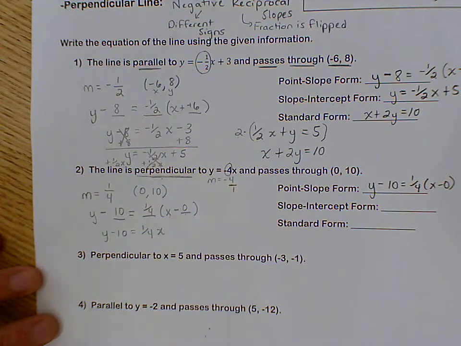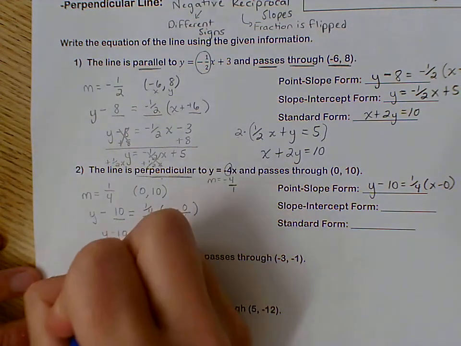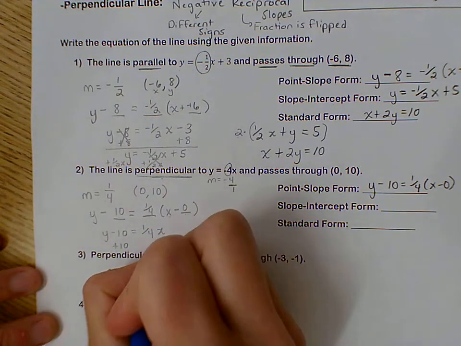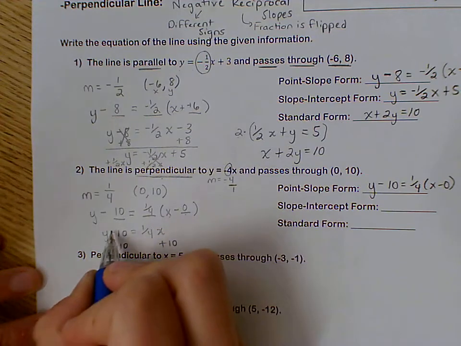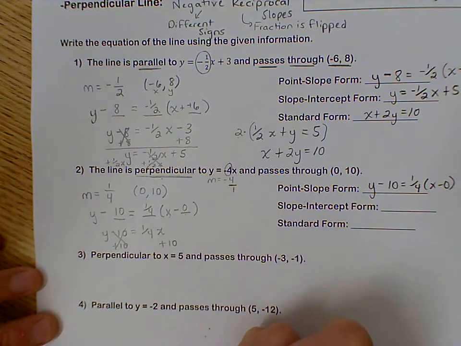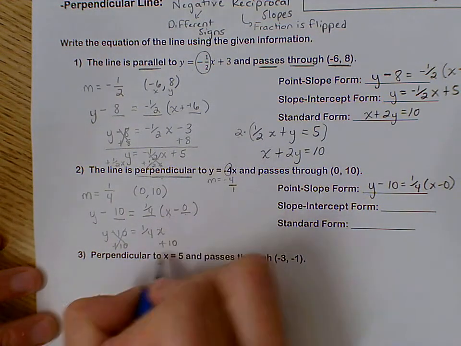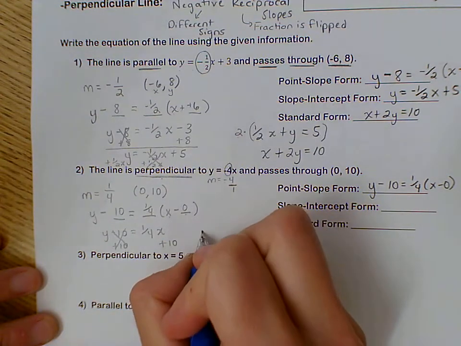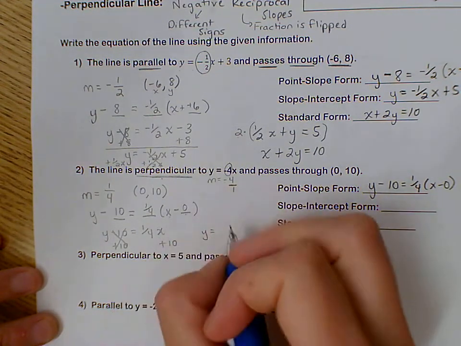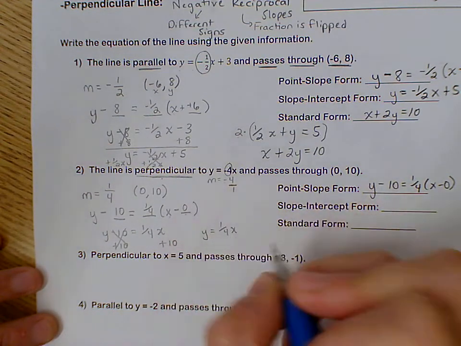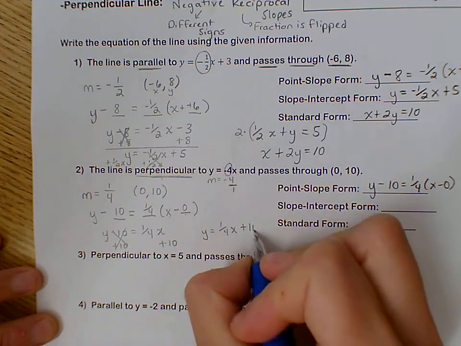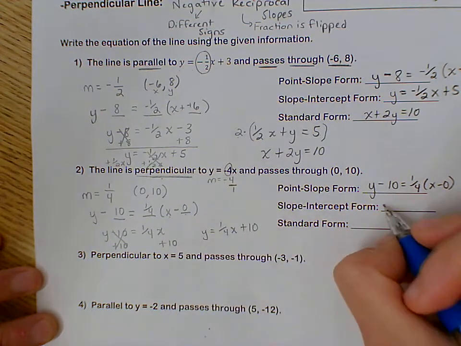Okay, so from there, to get the y by itself, all I have to do is add 10. So I'd add 10 to both sides. So -10 plus 10 is 0. And so on this side, I'd end up with just y. And then on this side, the 1/4 x, I'm going to put in front, and then that plus 10 goes behind. So that would be my slope-intercept form.